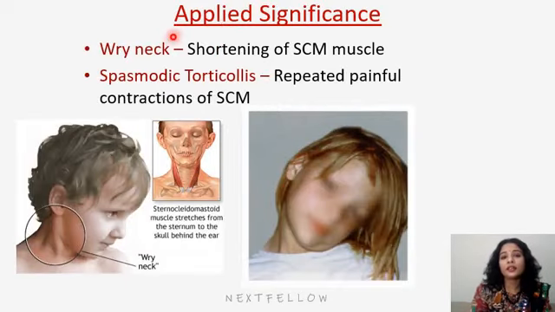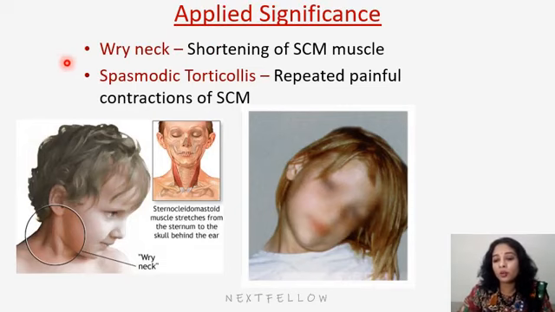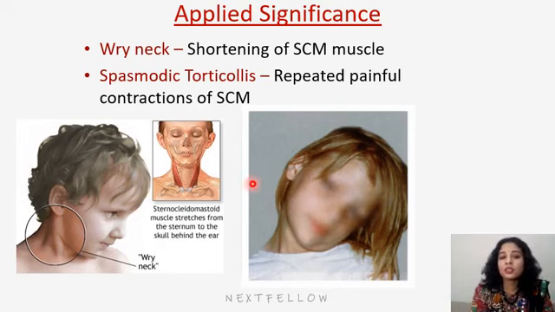Then applied significance, wry neck. Abnormal shortening of the sternocleidomastoid results in wry neck, and spasmodic torticollis, repeated painful contraction of the sternocleidomastoid resulting in a bending of the neck to one side, is called spasmodic torticollis.